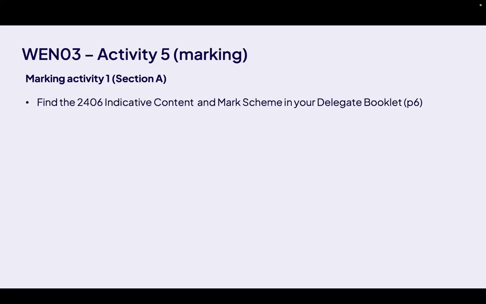Okay, so that is a takeaway activity for you to use, as I say, in centres, departments, classrooms, with individual students, whatever suits your cohort. And for an activity here, we need to make sure you are aware of the indicative content, the IC, and the mark scheme.